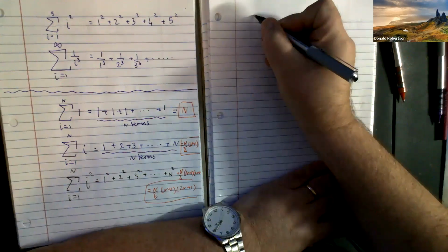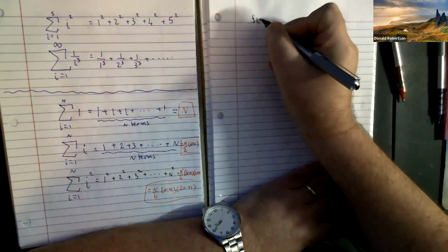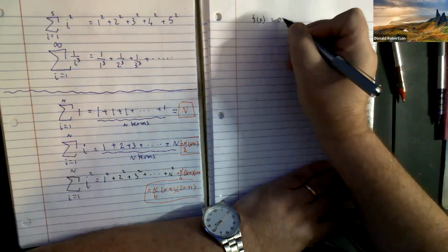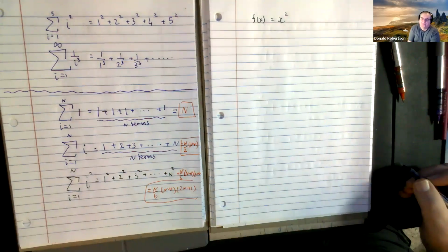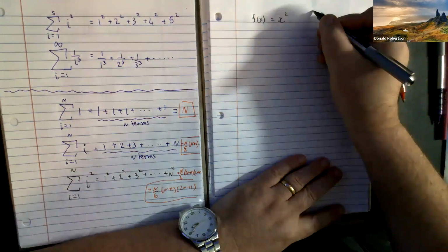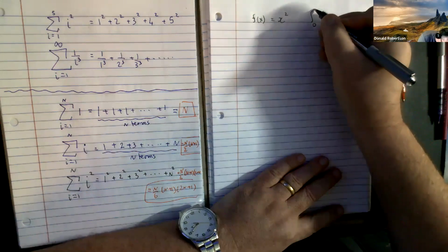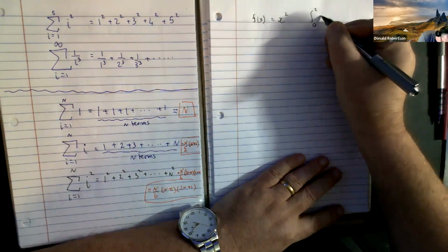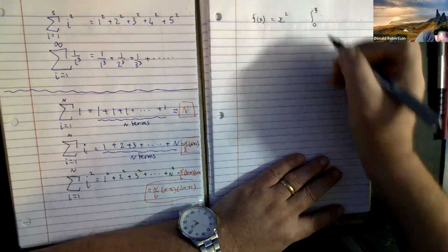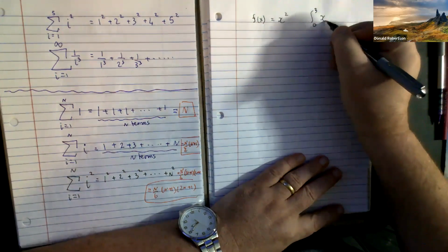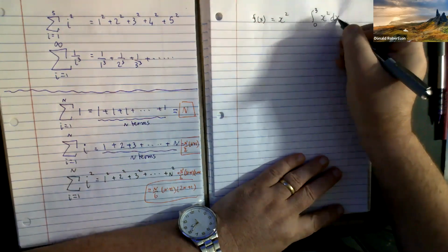So I only have time today to do one of these Riemann sums. Imagine I have the function x squared, and I would like to find the exact value for the area from 0 to 2. I'll make it 3. The area from 0 to 3 of x squared dx.